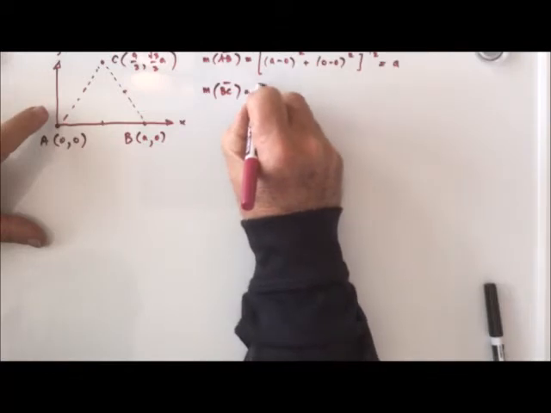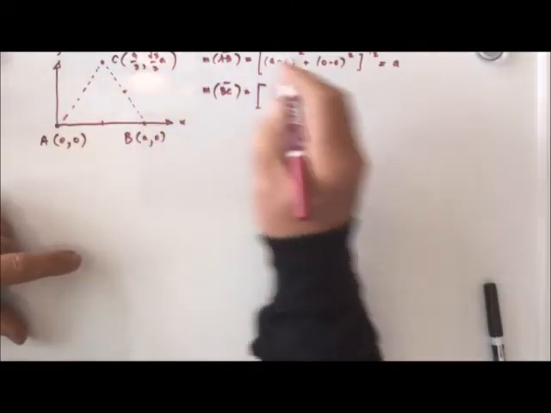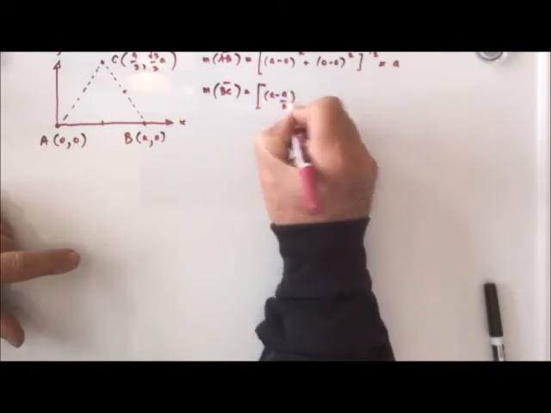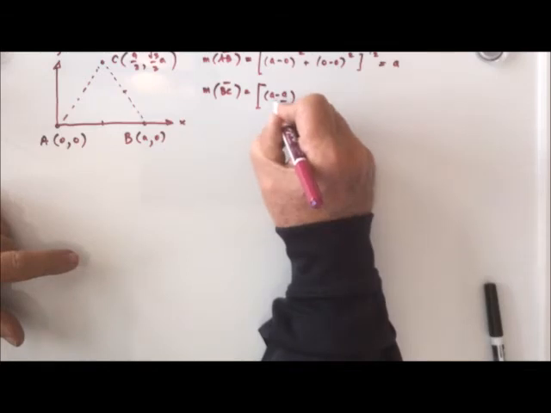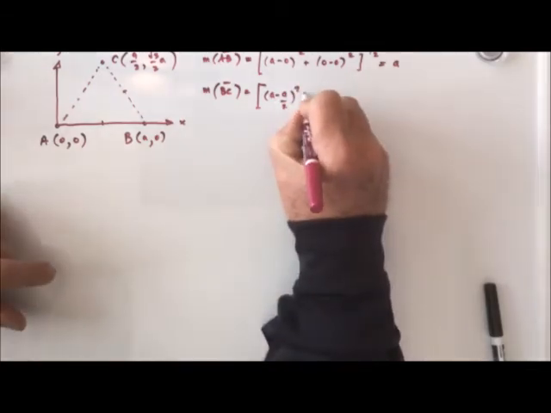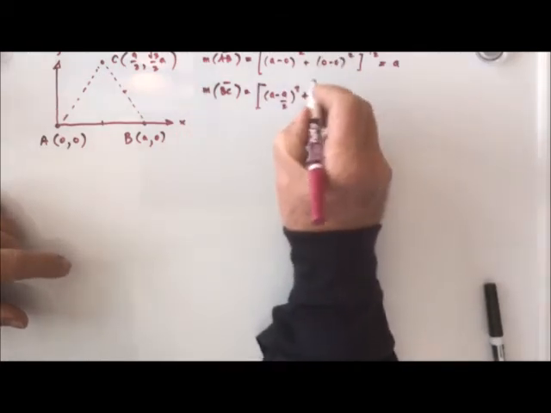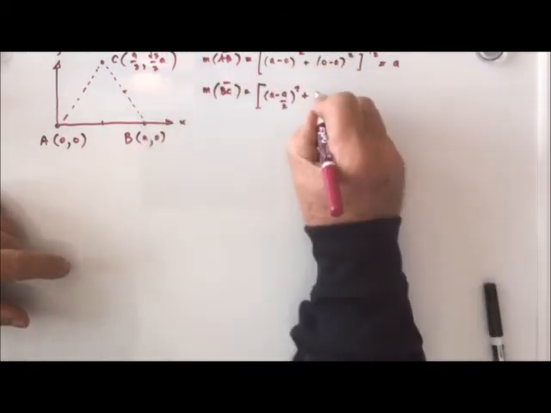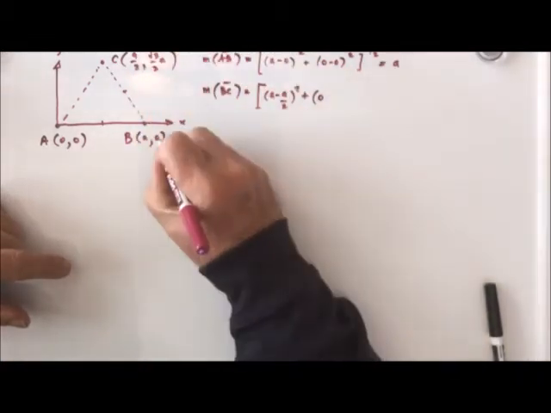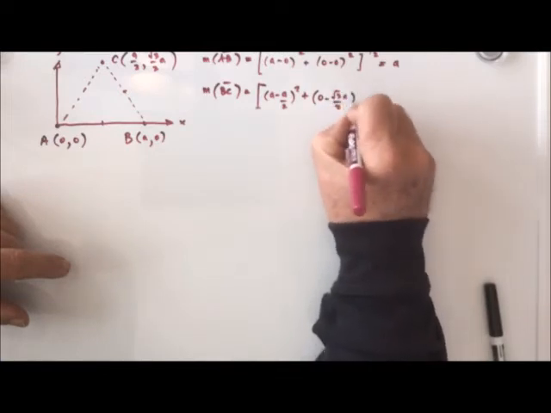Again, using the distance formula, I just have to subtract the two x coordinates, and I'll leave it to you whether you want to subtract a/2 from a or a from a/2. Once you square it, you really don't care which way you do that subtraction. And likewise, I'm going to subtract the two y coordinates now, 0 in this case, and √3a/2 in that case.